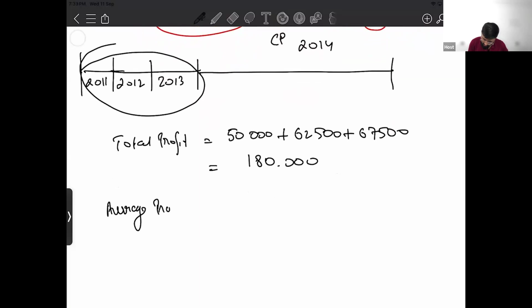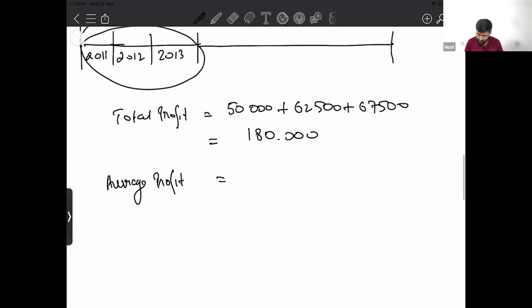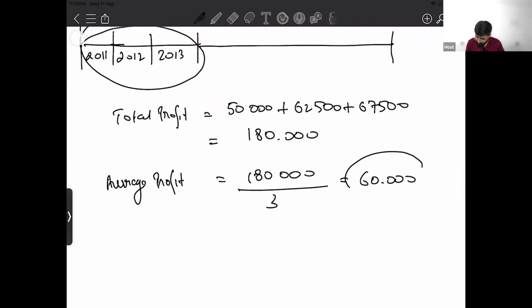We have to always find out the average profit. Divide by 3 for the 3 years, so you will get 60,000. So this is the average profit. On an average, the business earns a profit of 60,000 per year.